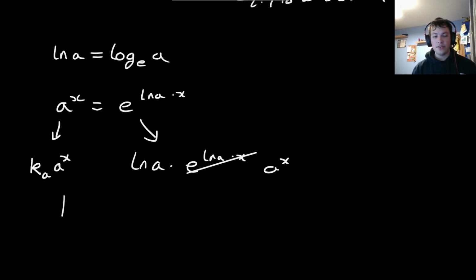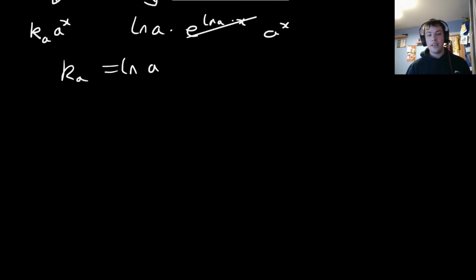We cancel those, and so Ka is log a, which you probably would have guessed from the expansion we had for Ka, which was just the Maclaurin expansion for log of 1 plus b. All of its properties are the properties of logs.